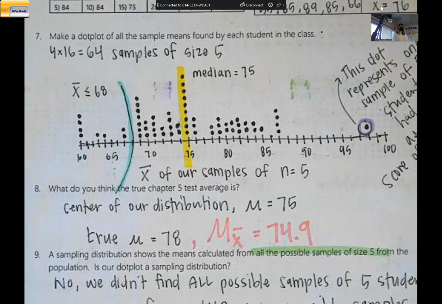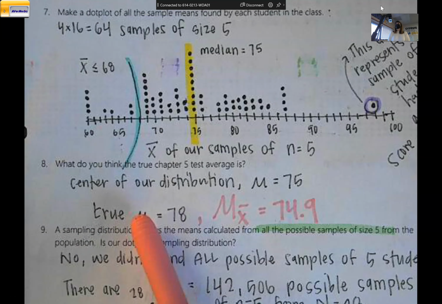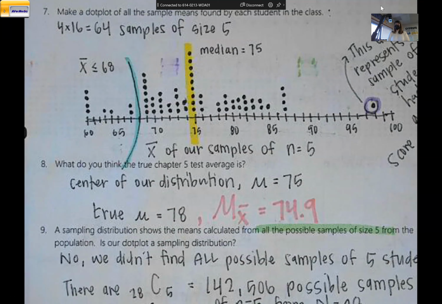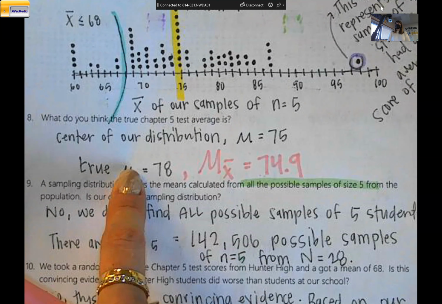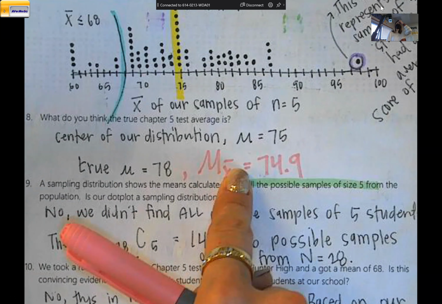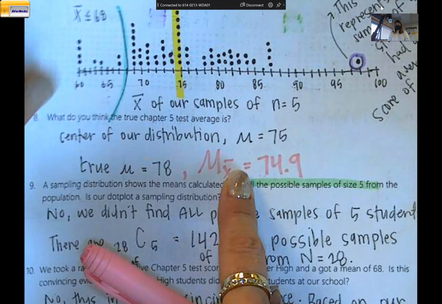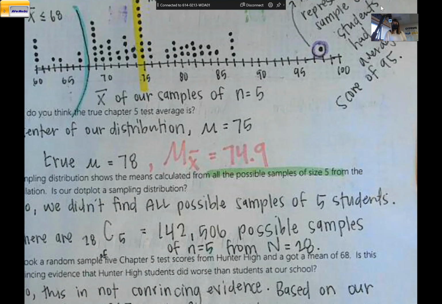Are you hanging in? So a statistic is unbiased if these two things match. Your true parameter has to match the average value of your sample. So is this biased or unbiased? This is a biased estimate.